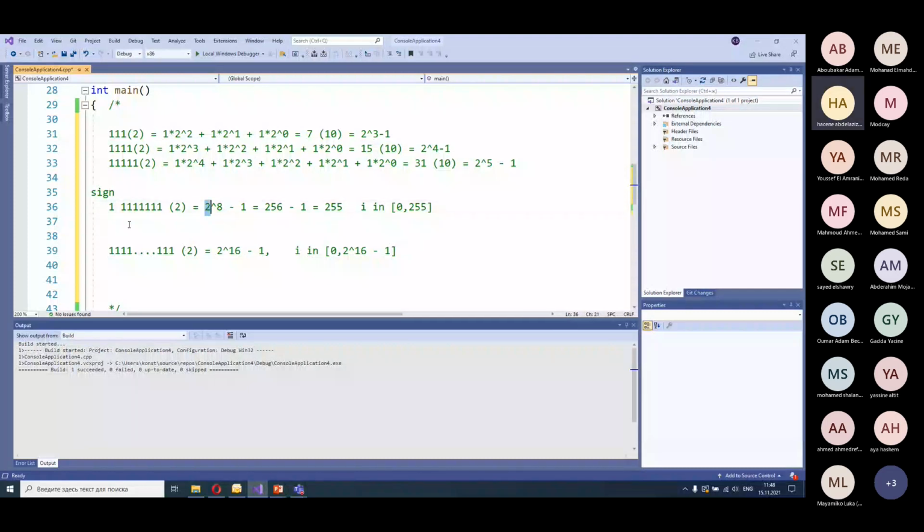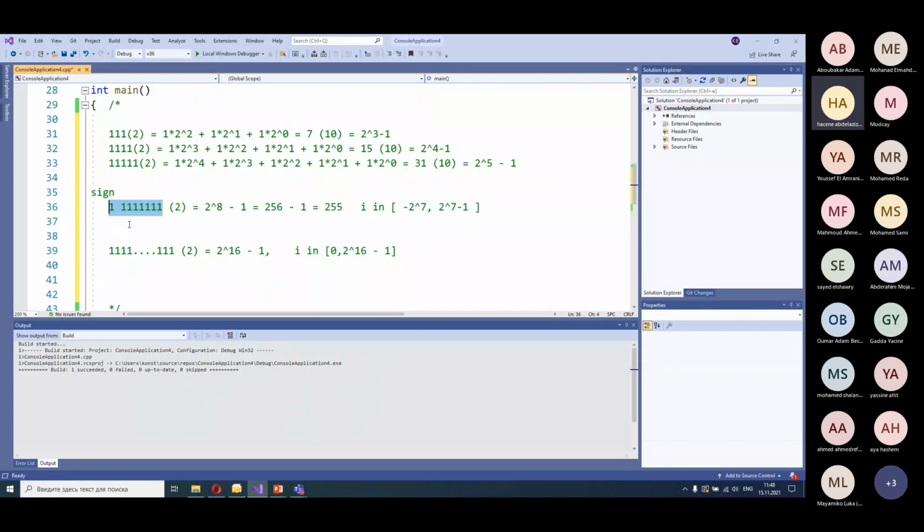And in this case, when we consider the range, it will be from minus 2 power 7 up to 2 power 7 minus 1. Well, do you understand the idea, right?